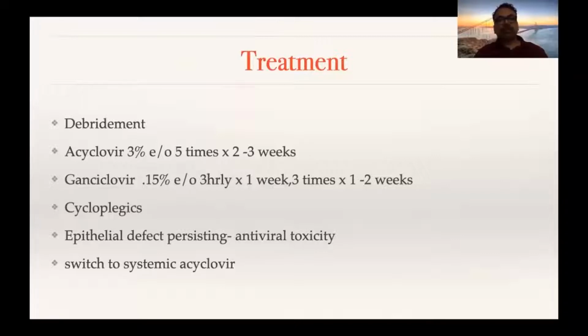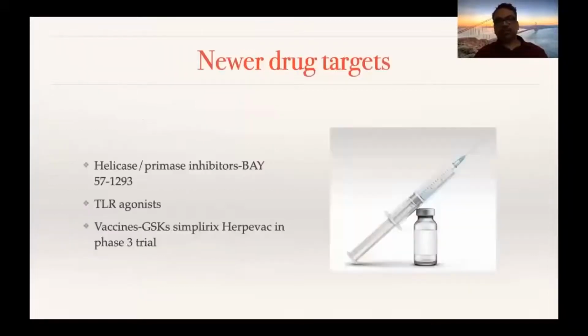If the epithelial defect is persisting beyond 2 weeks, you should suspect antiviral toxicity, and it's better to switch to systemic acyclovir. Newer drug targets are helicase and primase inhibitors, which target other viral enzymes. Some candidate drugs like BAY 57 have shown more effectiveness than acyclovir in animal studies.